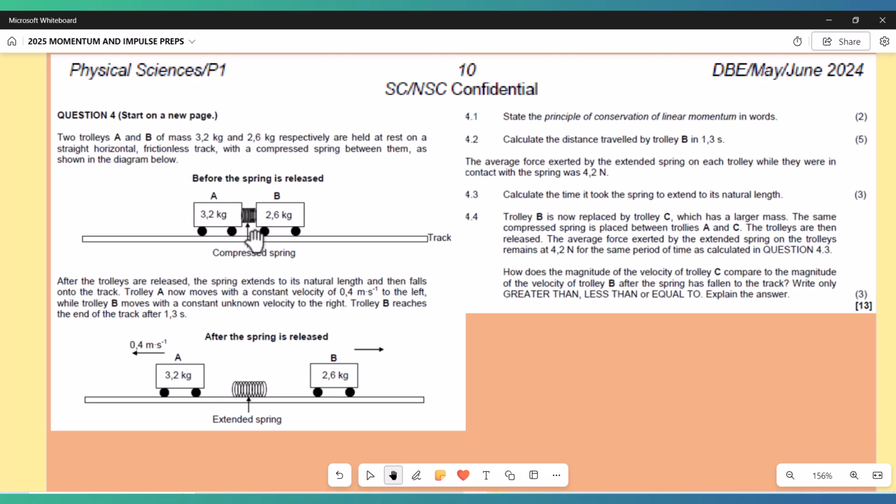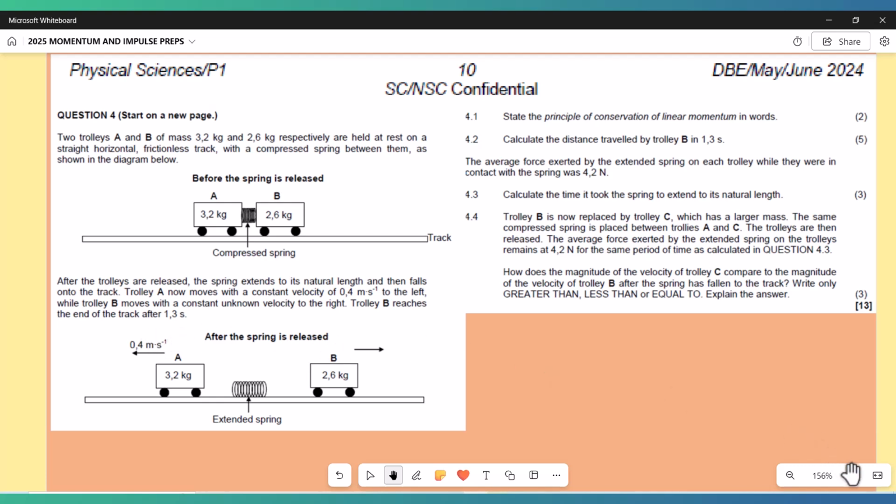This is A and B here. After the trolleys are released, the spring extends to its natural length and then falls onto the track. Trolley A now moves with a constant velocity of 0,4 m/s to the left. What about trolley B? It moves with a constant unknown velocity to the right. Then trolley B reaches the end of the track after 1,3 seconds.